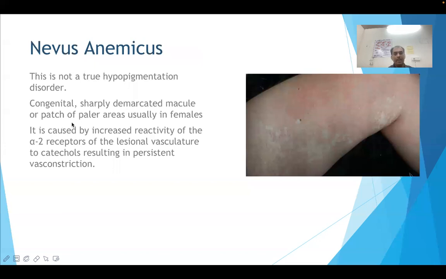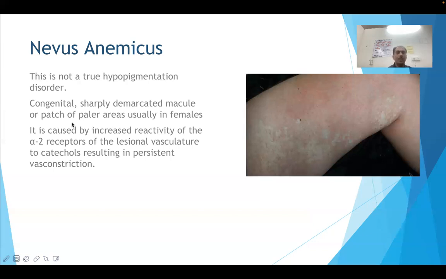Nevus anemicus is not a true hypopigmentary disorder, but it is mainly due to vasoconstriction and ischemia in that particular part. This can be differentiated from nevus depigmentosus by pressing a glass slide over the area. The nevus depigmentosus stands out from surrounding skin, whereas a nevus anemicus merges with the surrounding skin on pressing the glass slide.